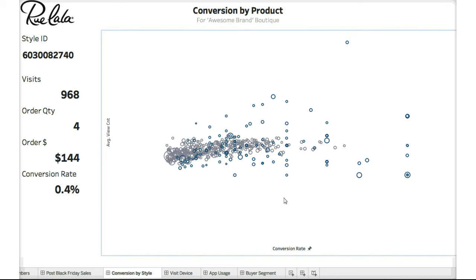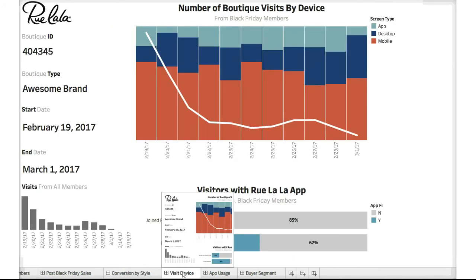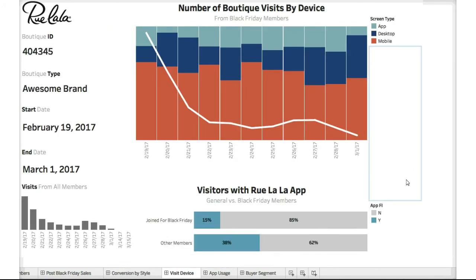So now that we do style, another way to look at our member base and how they interact with our platform is to look at the devices or the screen types they're using to view the site, because we know that the experience is slightly different.